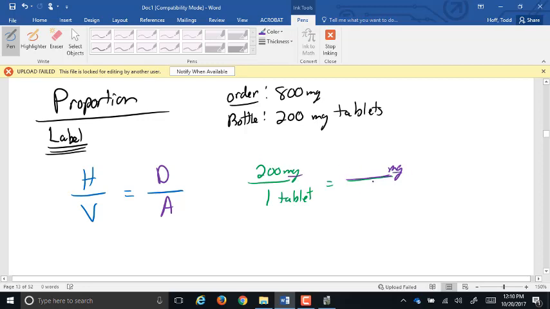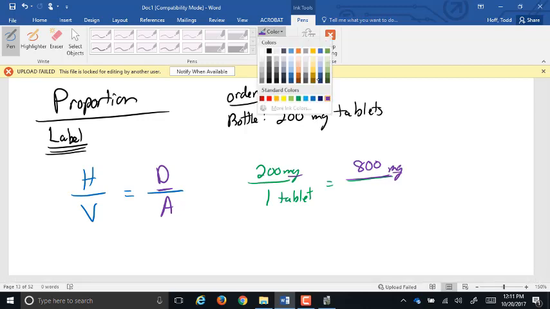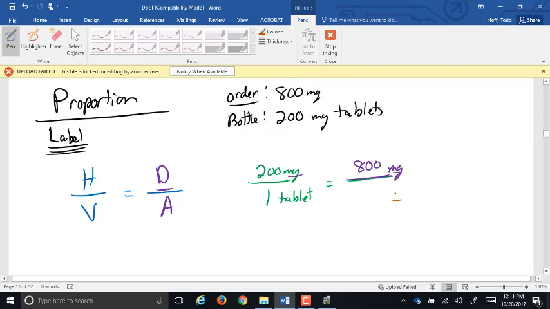Because in a proportion, these units have to match up. So what's going to go up here? The 800, which is the desired dose. Before we cross multiply and divide, what unit is going to be down here? Tablets. So then we will cross multiply and divide. 1 tablet times 800 milligrams divided by 200 milligrams is just 4 tablets.